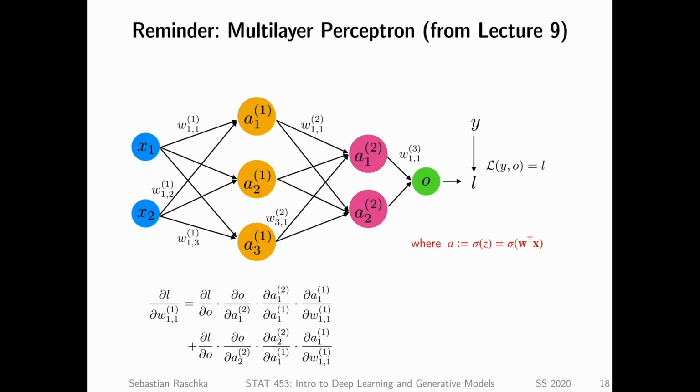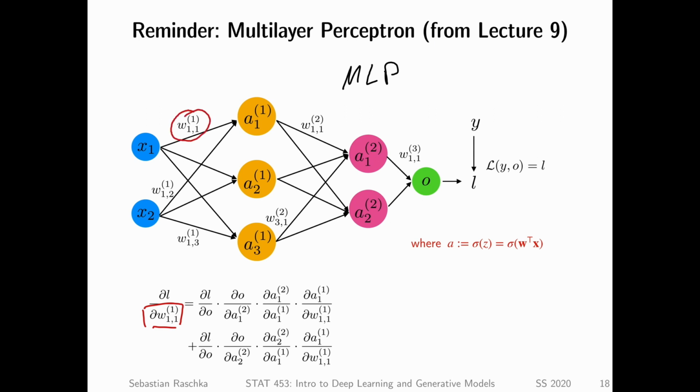So here on the left-hand side, I'm just showing you the familiar figure. I've shown you this figure of the multi-layer perceptron many times now, but just to recall the multivariable chain rule here. What is going on is we are interested in computing the derivative of the loss with respect to the first weight in the first hidden layer.